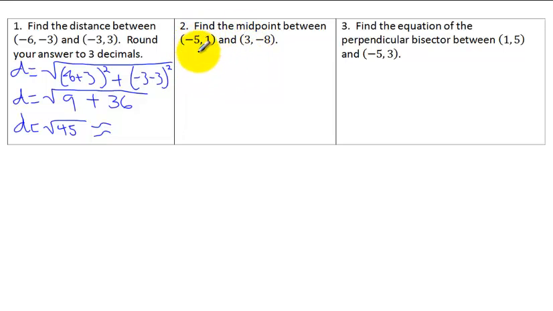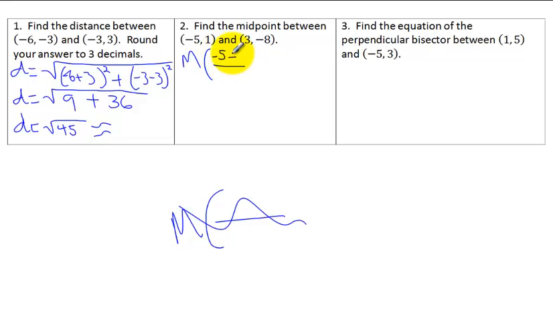All right, now the midpoint. If you remember, the midpoint is the average of the 2 points. I'll just do it right up here. So I'll do a capital M to demonstrate what I'm doing here. I'll take -5 and add the other x value, which is 3, and divide that by 2. And then I'll go to the other one.